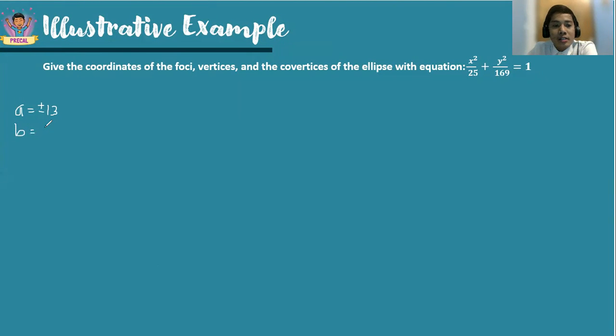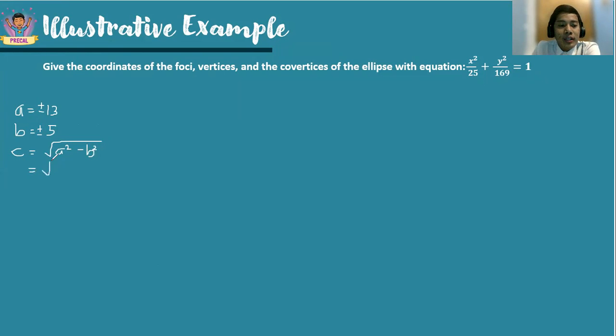b is positive, negative 5. So how did I get that? Because this is b squared. And to find c, we need to use the formula, the square root of a squared minus b squared.